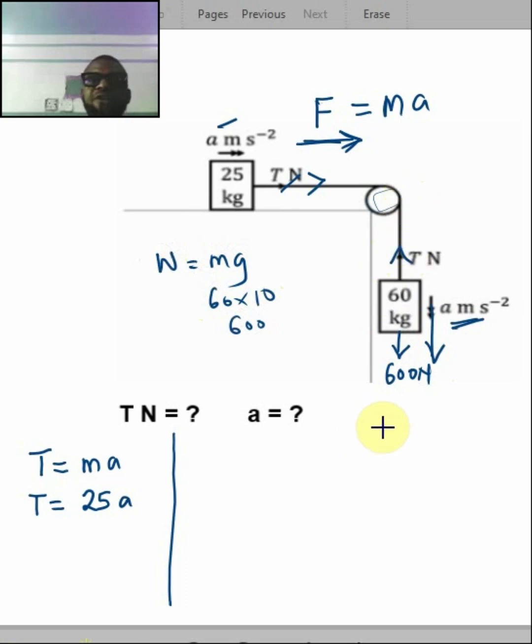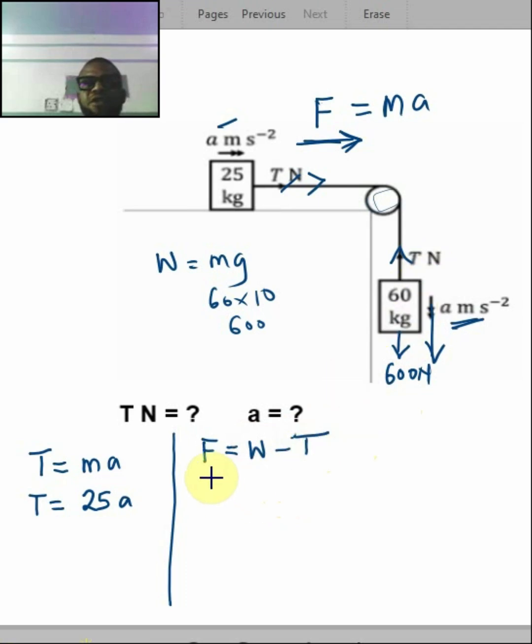So the total force here will be equal to the weight W, because it's going downward, minus the tension T.